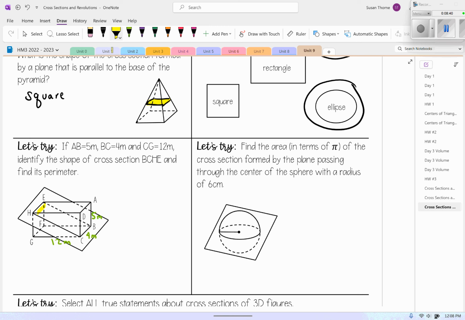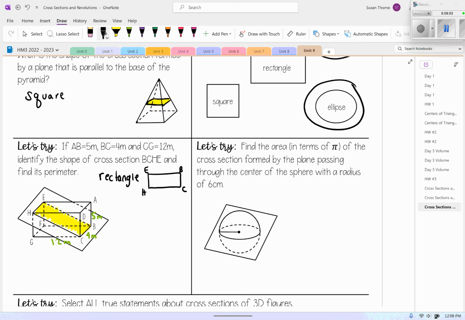So here we have that cross section, which you can see is a rectangle. And so we want to find the perimeter, which means, remember, the outside. So this is H, E, B, and C.